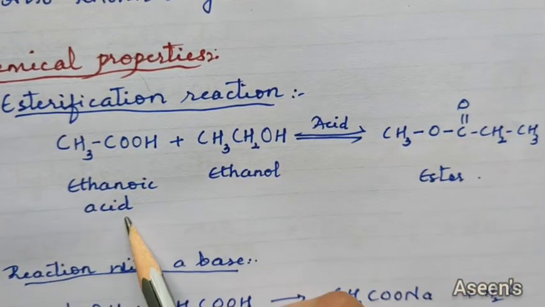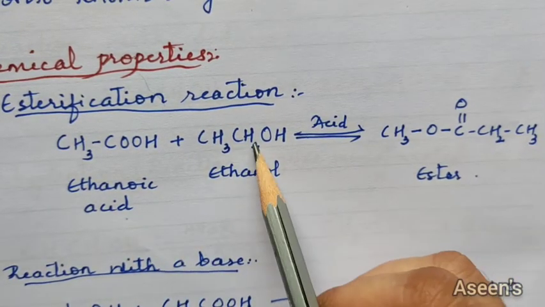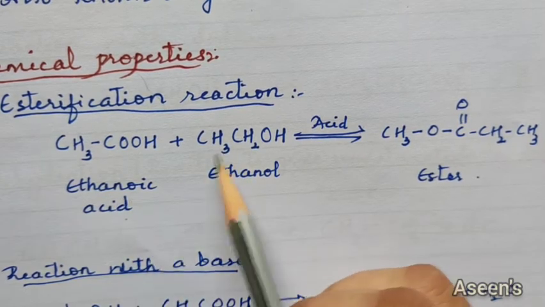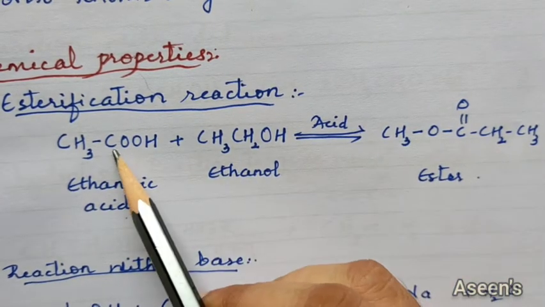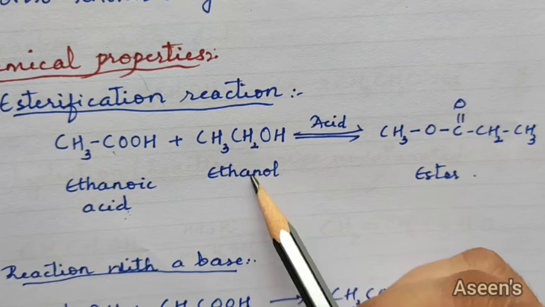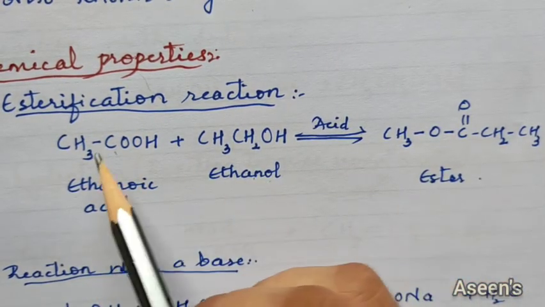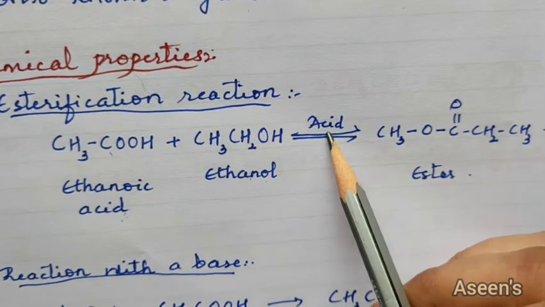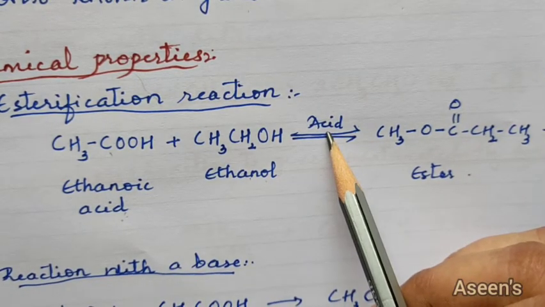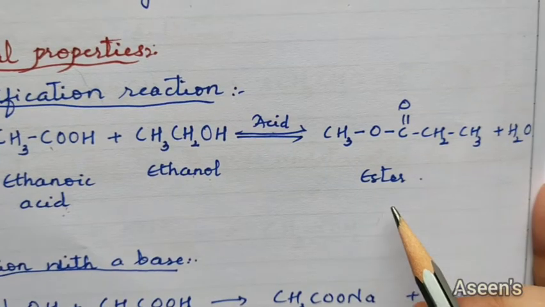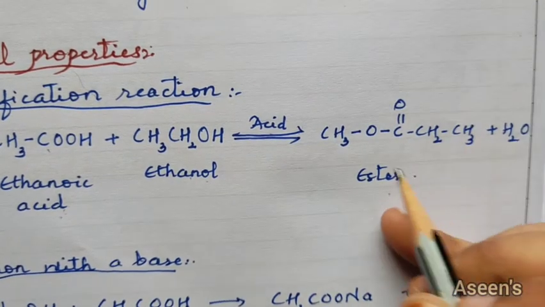So ethanoic acid and ethanol, when they react with one another, see here we have taken ethanoic acid and ethanol as well. So alcohol and carboxylic acid, whenever they react with one another in the presence of an acid, you are going to get an ester. So what is an ester?